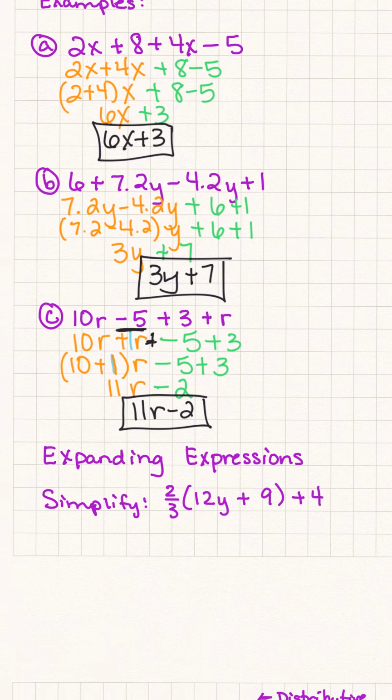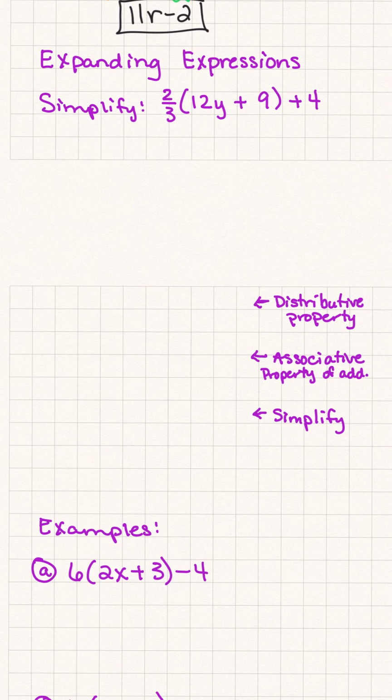Okay, so now let's look at expanding expressions. We are going to simplify 2/3 times 12y plus 9, plus 4. So the first thing we want to do is the distributive property.